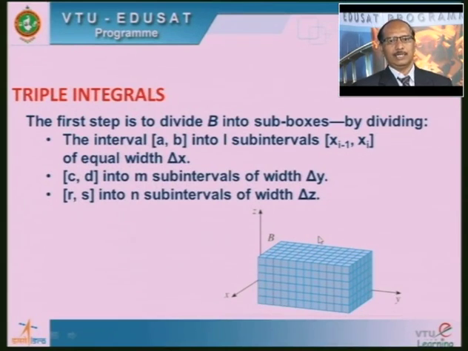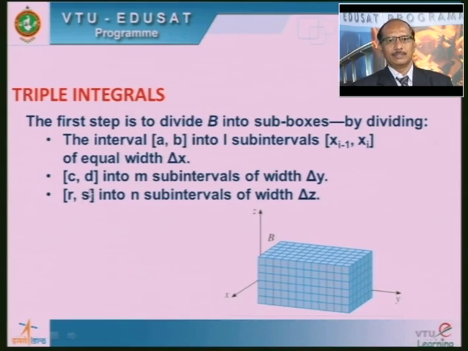So, as per the Riemann sum we discussed in the double integral case, the first step is to divide this rectangular box into sub boxes. How to divide them? By dividing the interval AB, the x limits, into L number of subintervals, each interval denoted as xi minus 1, xi, each of equal width delta x.